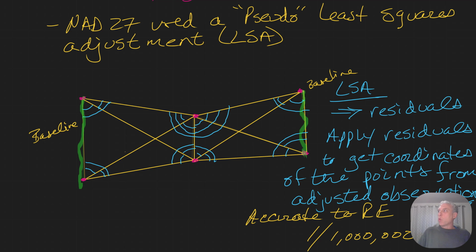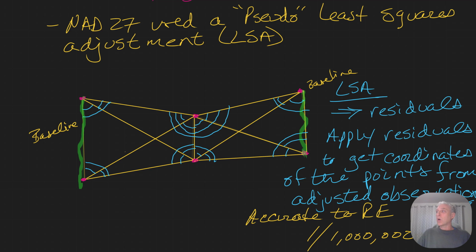And this is how the NAD27 network was created. It was thousands upon thousands upon thousands of points across North America that were tied together with level loops and traverses, and then the network was adjusted and had pre-established baselines that were accurate to within 1 in a million.